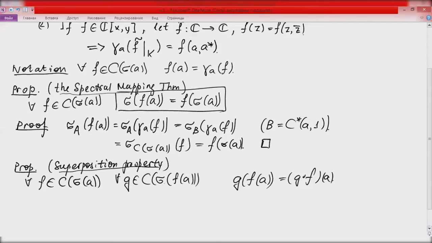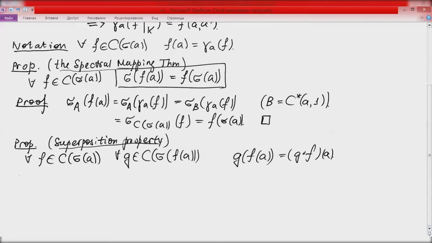Okay, so why is it so? Let's consider the following map, gamma from the algebra of continuous functions on sigma of f of A to A, given by the following formula.